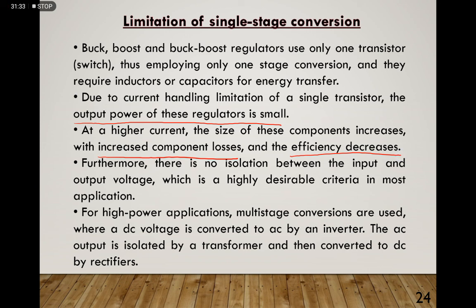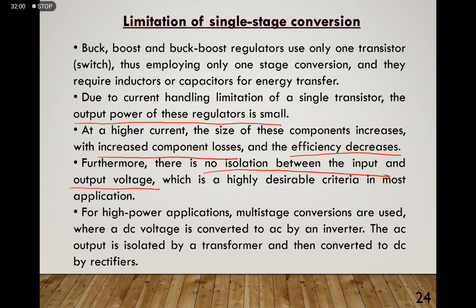Okay, and then since this is a non-isolated DC to DC converter, obviously there is no isolation between your input and output voltage, and this is not really a good option if you are doing a high power application or a high current application.